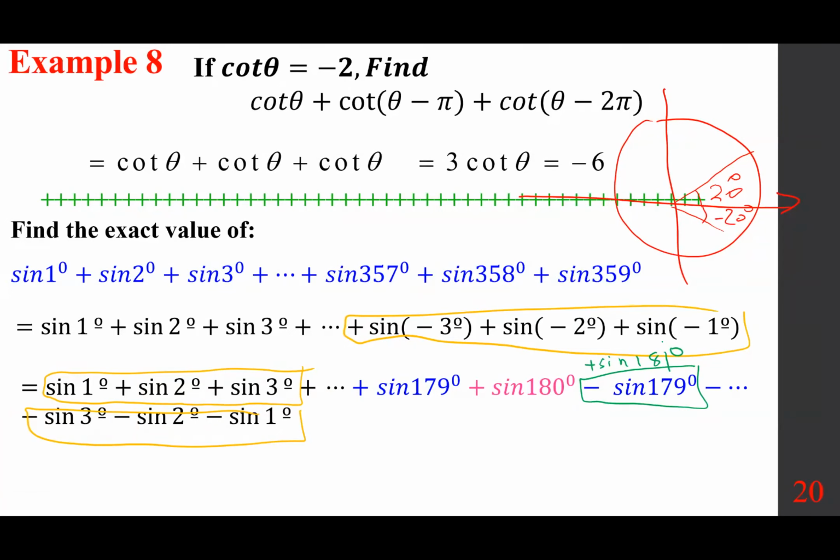What does it show? Everything cancels out except sine of 180. Sine of 180 happened to become 0. I hope that was interesting. And you see how we arrive at the answer.